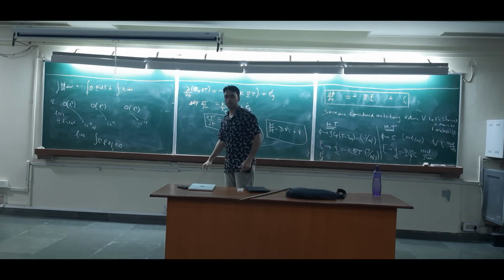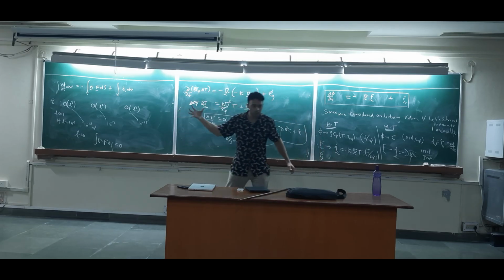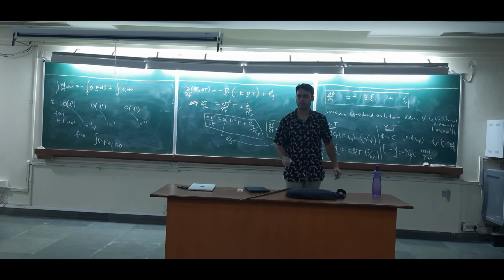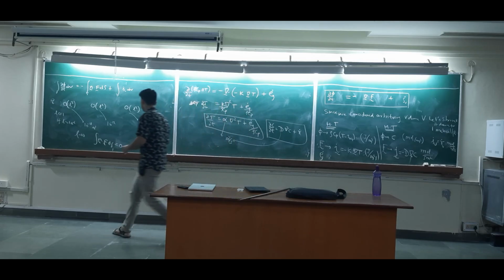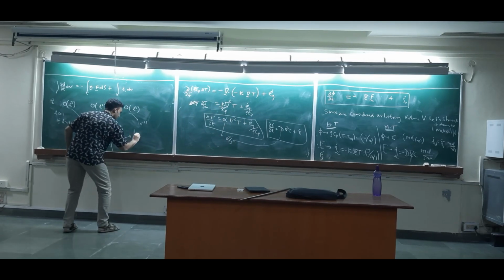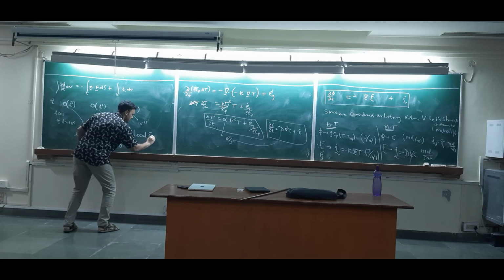This is that: if you shrink down the size so much, there is no flux into that small continuum volume. Does it make sense? There is large flux overall, but at the small level, there is no flux. So this is local equilibrium.